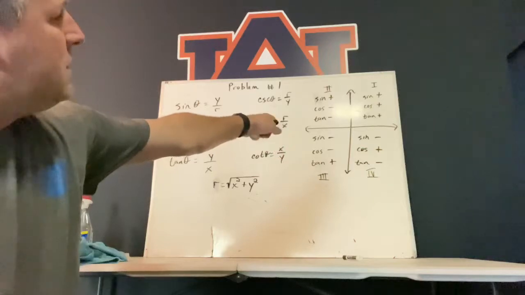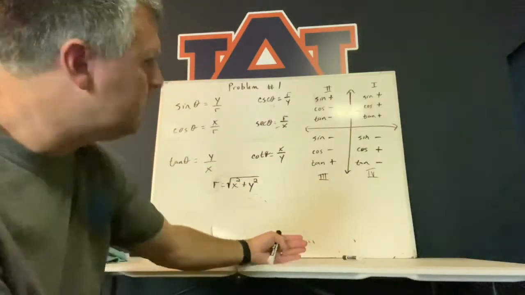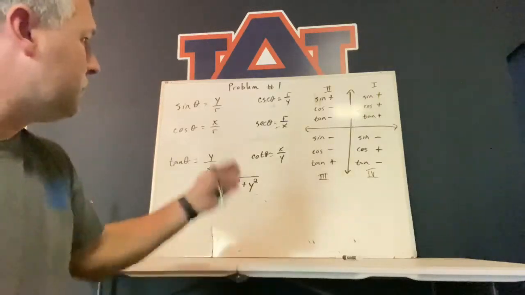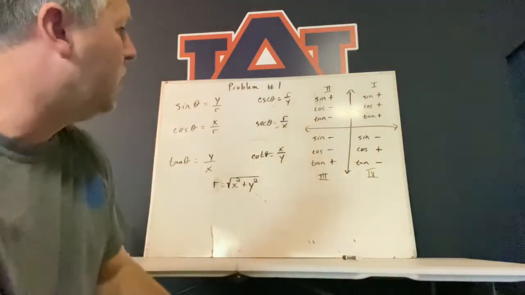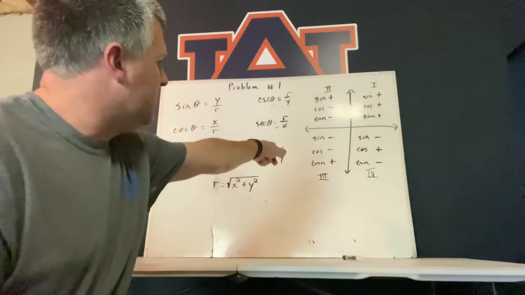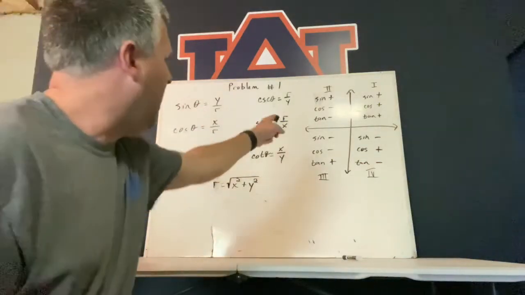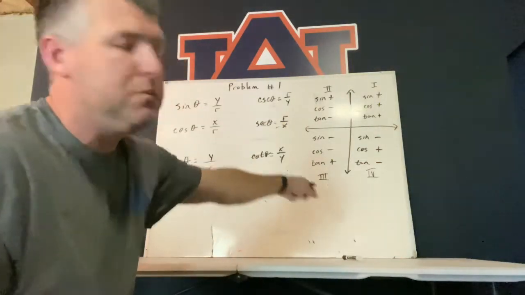As you can see, sine is negative in quadrants 3 and 4 because it's below the x-axis. Cosine is negative in quadrant 3 and tangent is positive. The reason tangent is positive is that it's sine over cosine, or y over x, so negative over negative is positive.